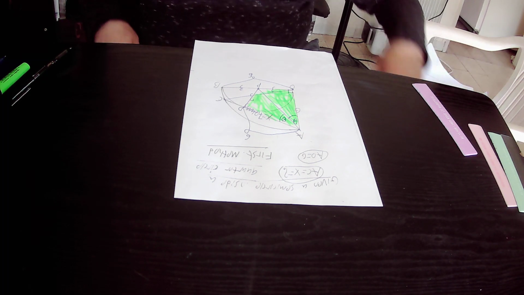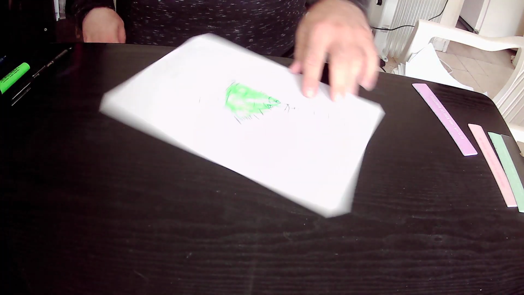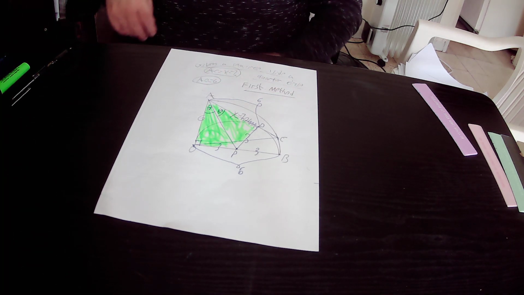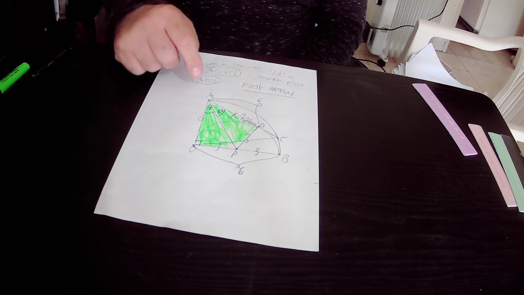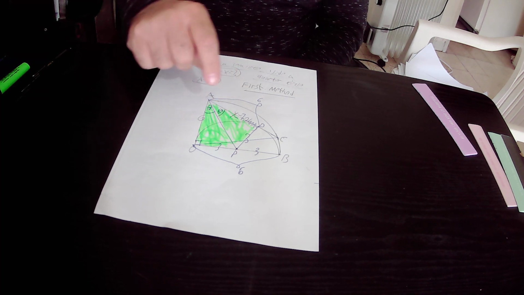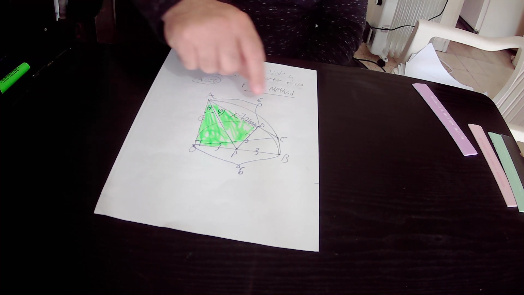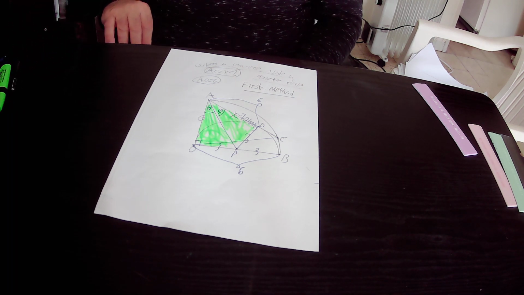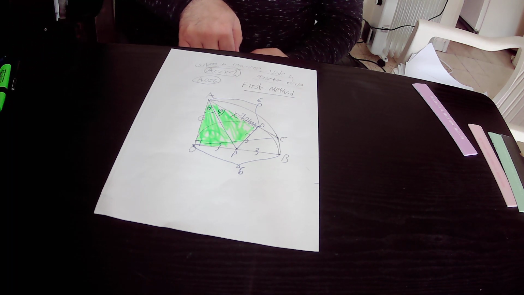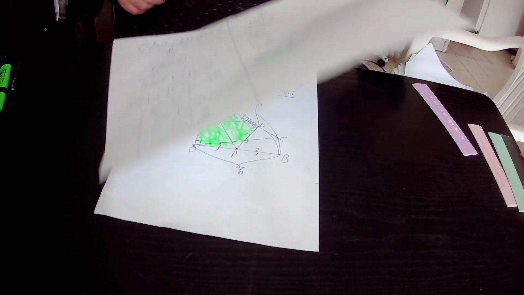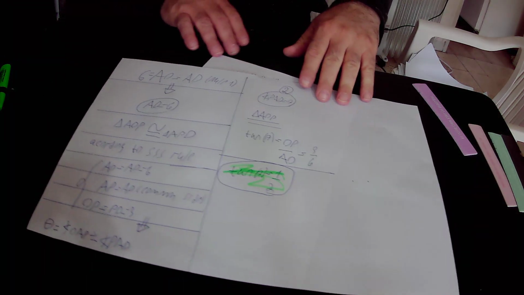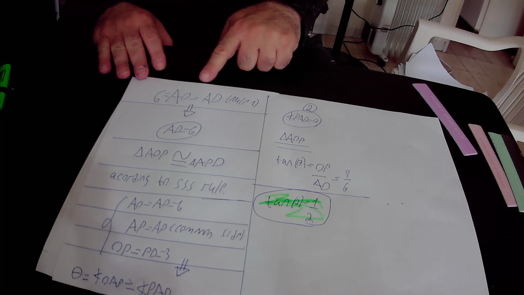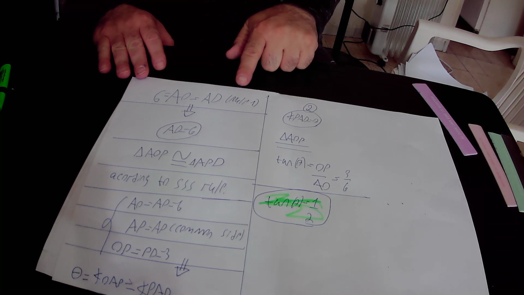In our drawing, we have the common external point, point A. From the common external point, point A, we have two tangents to this semicircle, tangent AO and tangent AD. And according to rule number 1, the length of those two tangents must be equal to each other. So here AO must be equal to AD according to rule number 1.